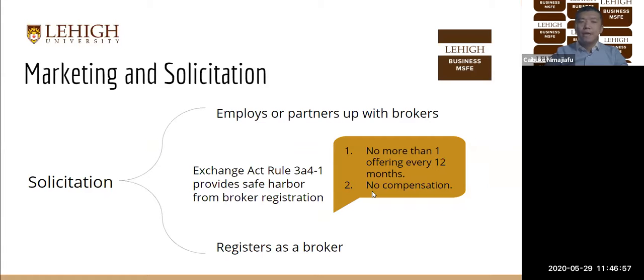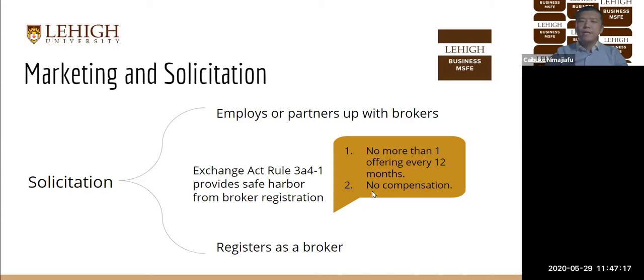In order for marketing and solicitation, there are 3 ways to do it. The issuer can employ a broker, or can register as a broker, or can use exemptions from broker registration.